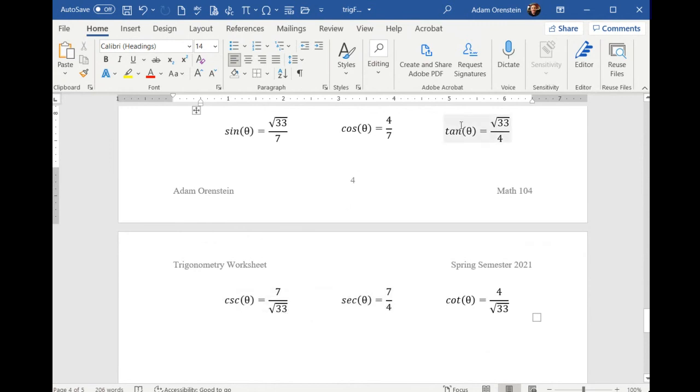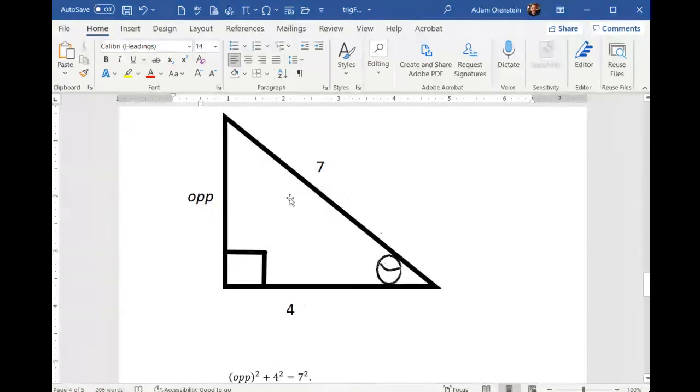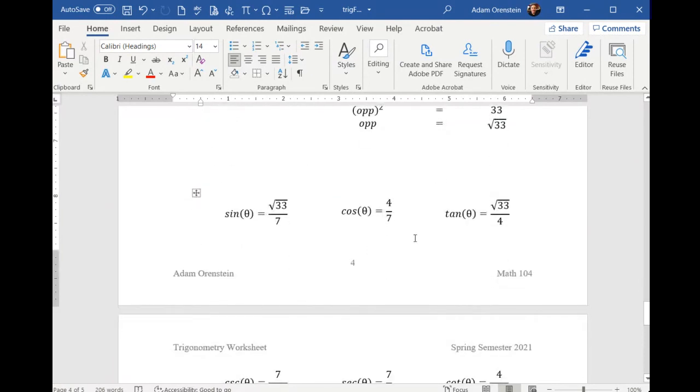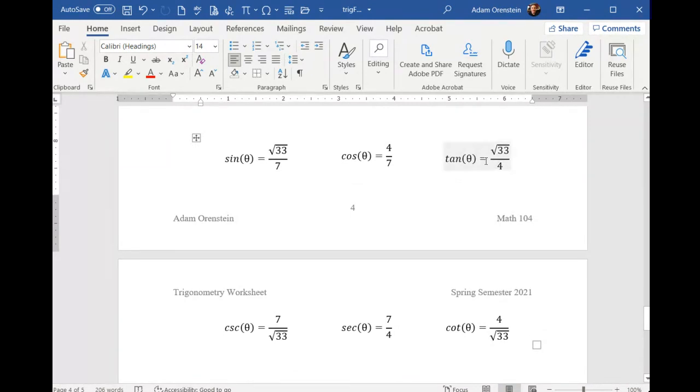Cosine and secant we know already. Tangent of theta is opposite divided by adjacent, so OPP over 4, which is radical 33 over 4. Cotangent of theta, you invert tangent, and you get this.